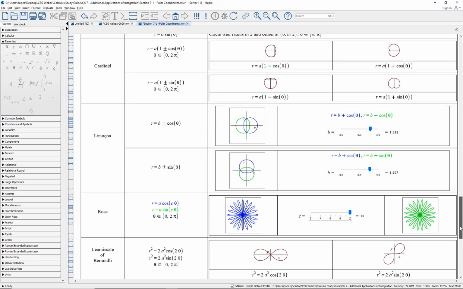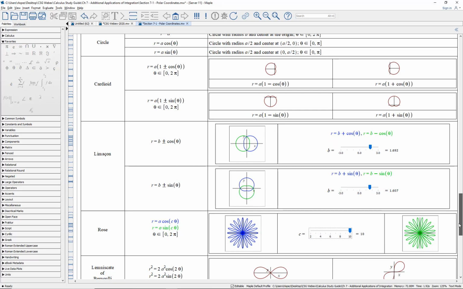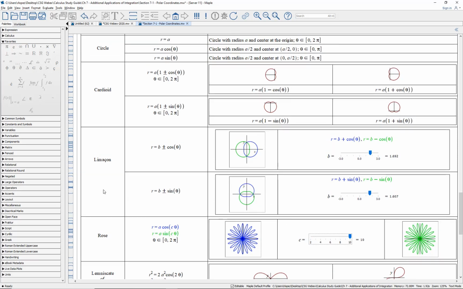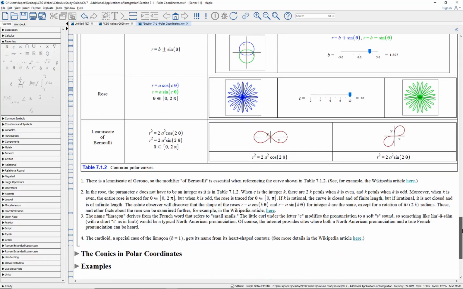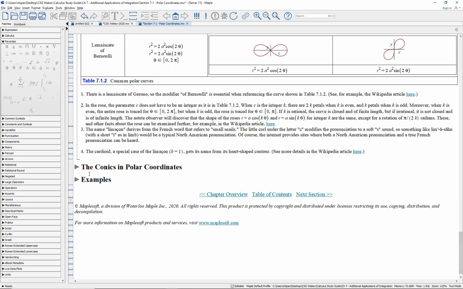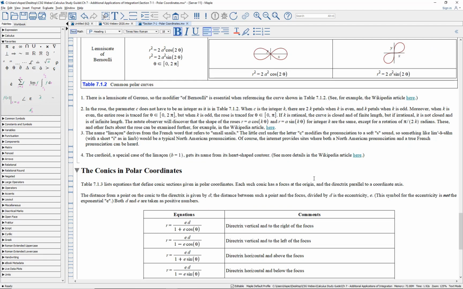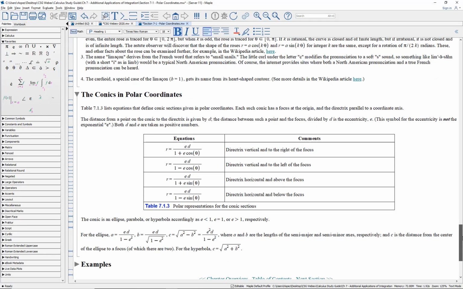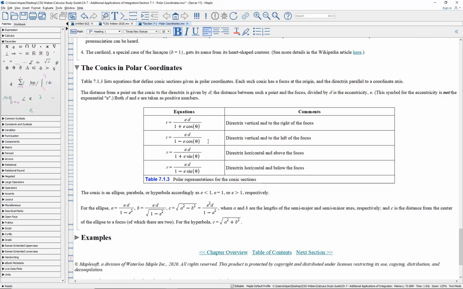Okay, so this table contains the sum total of all the polar curves that a student is going to be asked to work with in a calculus course. There's also a discussion here of the conics in polar coordinates. These appear in calculus books that do motion of the Earth around the sun. Solve that problem. The solution comes out to be the conics in polar coordinates.